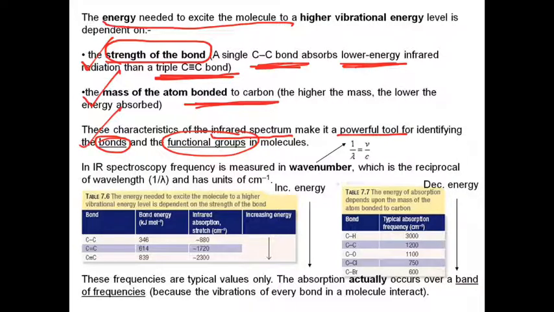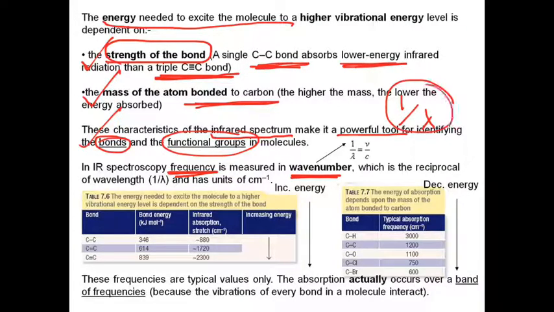Now, the IR spectroscopy frequency. This is a really weird one. The frequency is measured as what's called the wave number, which is basically 1 over the wavelength.